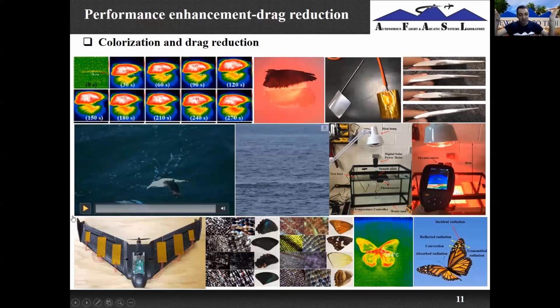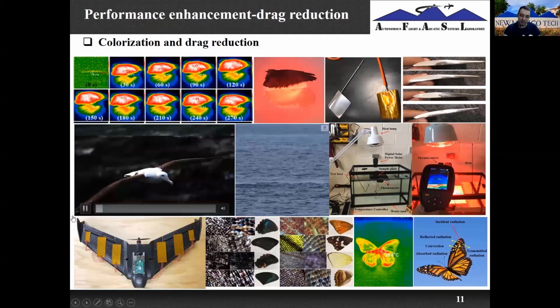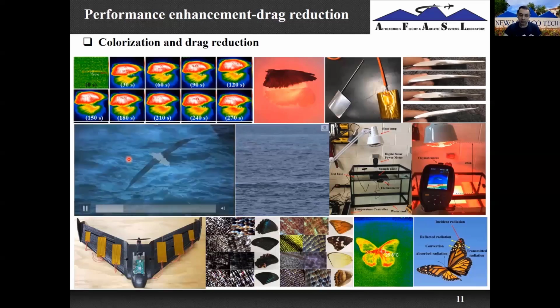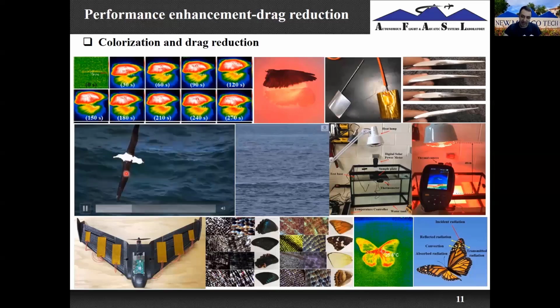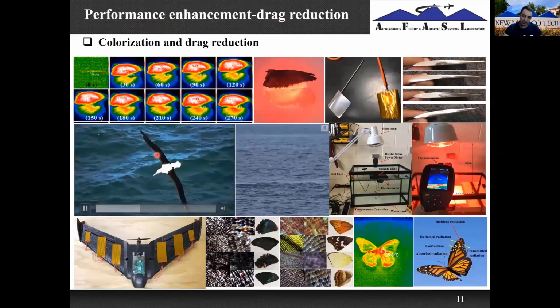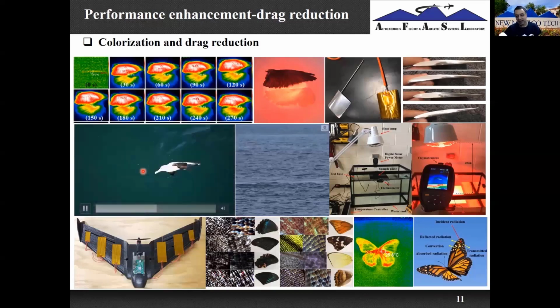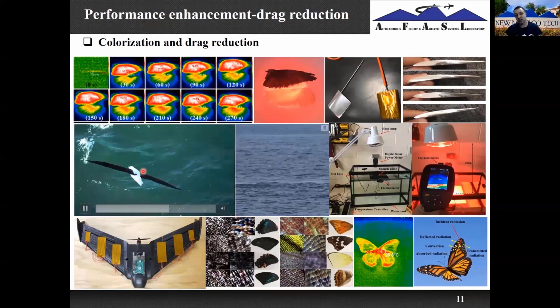Since they are not flapping, the top part, which is black, is exposed to radiation, and the bottom side, which is white, is exposed to the heat flux from the ocean during the night. These birds sleep for just 2 seconds at a time during the night during migration.